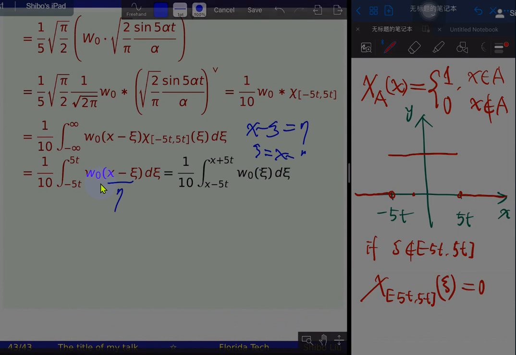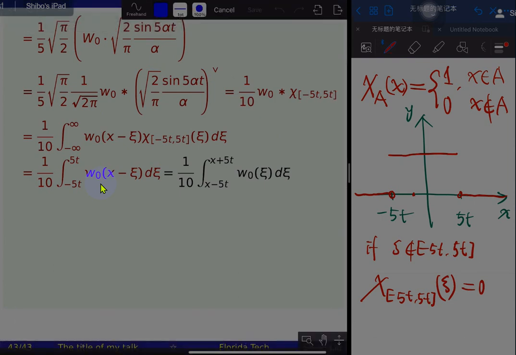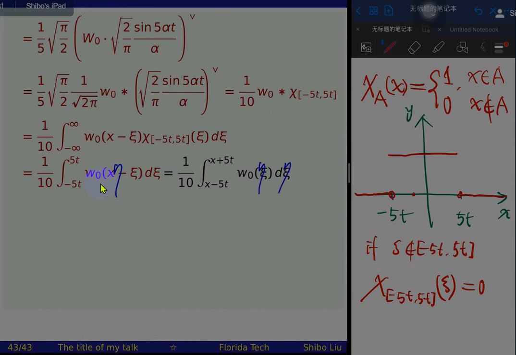Then this integral becomes an integral in η. Now, using the form of our w0, which is x divided by 1 plus x to the 6th, we have obtained the solution for the W PDE.